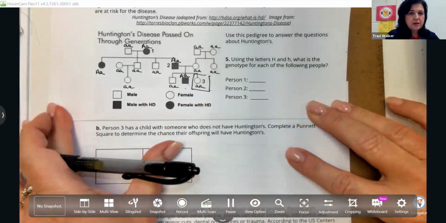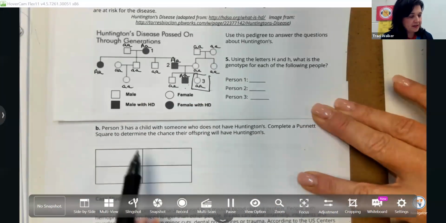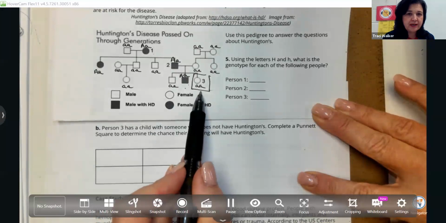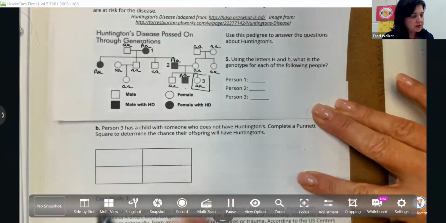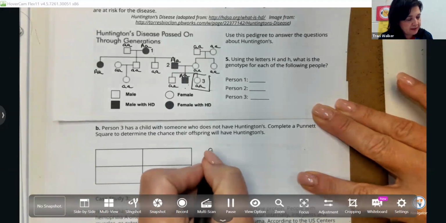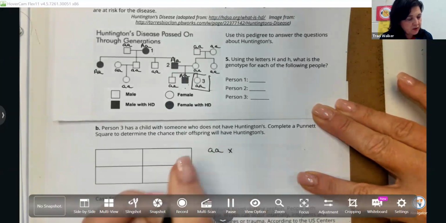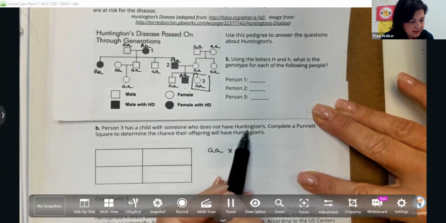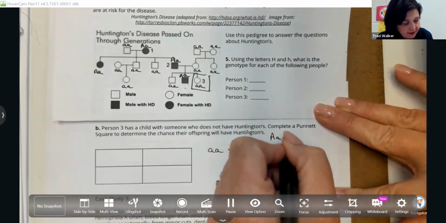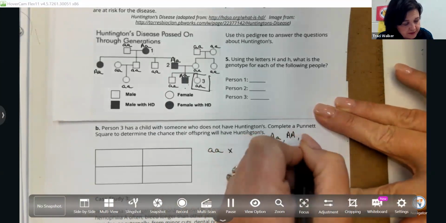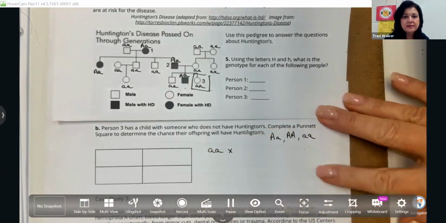So they're asking if person number 3 has a child with someone who does not have Huntington's. Person number 3 is little a. And a person that does not have Huntington's, which genotype are they out of these 3 possibilities?